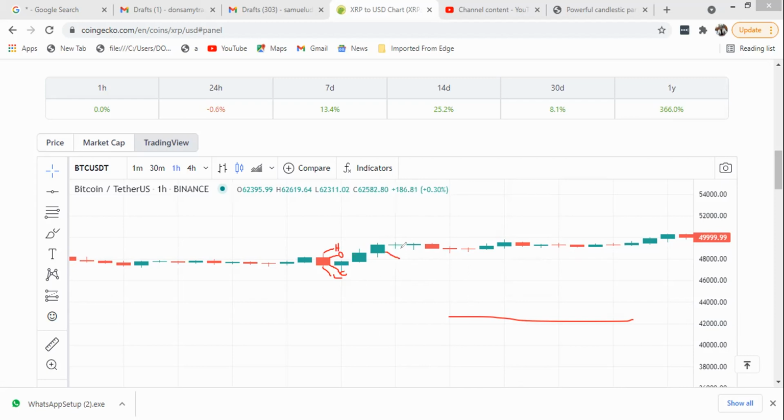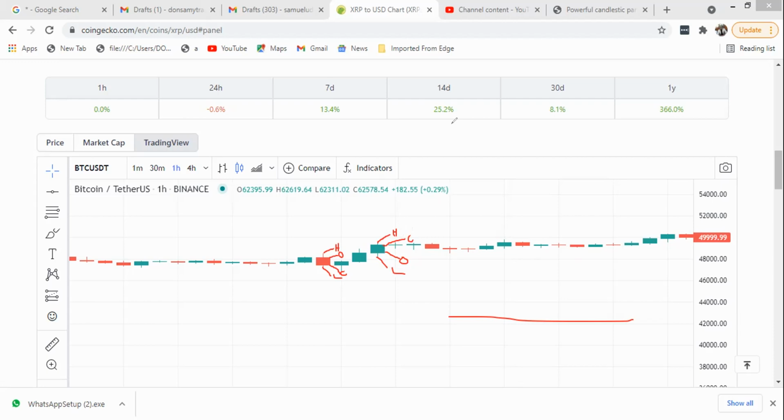So here is the opening price. It went down to this point, that is the lowest. It went as high as this point. This is the highest price in that 1 hour. Now here, it closed here. This is the closing price.